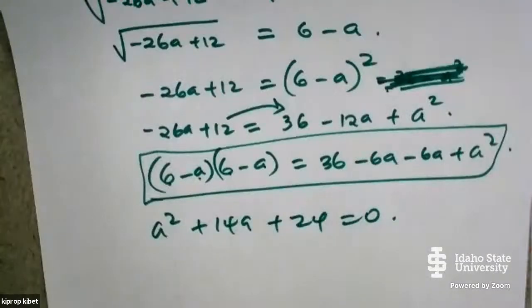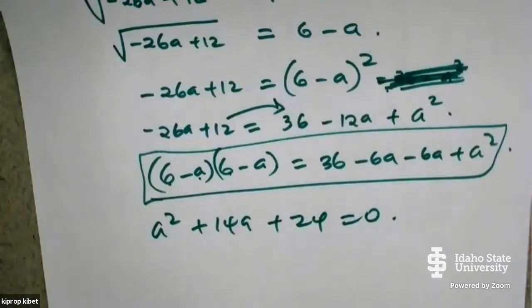So it forms a quadratic equation. So you have a new equation here. Now solve this. Of course you will get two solutions. So what is a? The product is 24, the sum is 14. So what are the two numbers? 12 and 2.